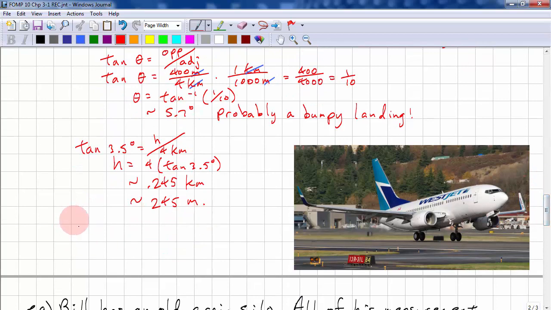And we say 245 meters is the proper height for a smooth landing. Okay, next problem.